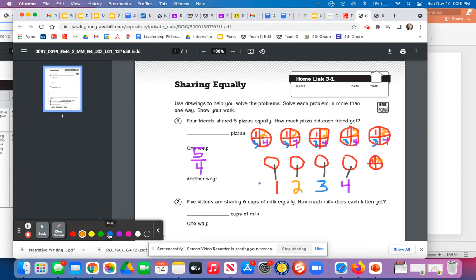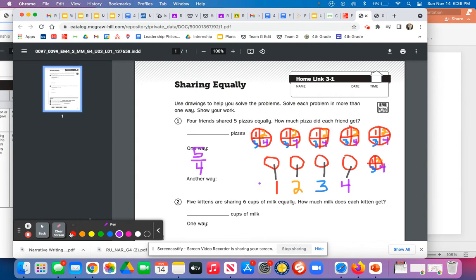So that means that each friend gets a whole pizza and a slice. 1 and a 4th.